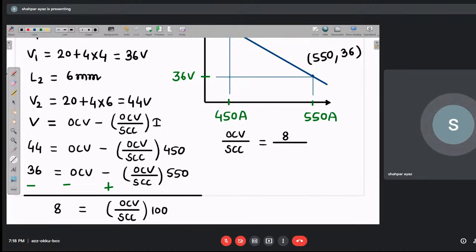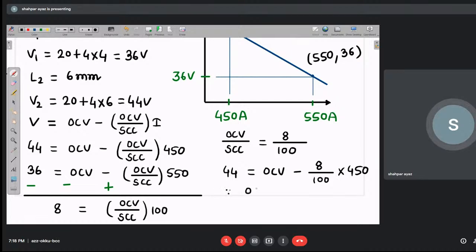Now put this value in any of the equations. Suppose I'm going to put it in equation number 1. So 44 is equal to OCV minus 8 by 100 into 450. So guys, OCV is equal to 36 plus 44, 80. 80 volt we are getting as the open circuit voltage.